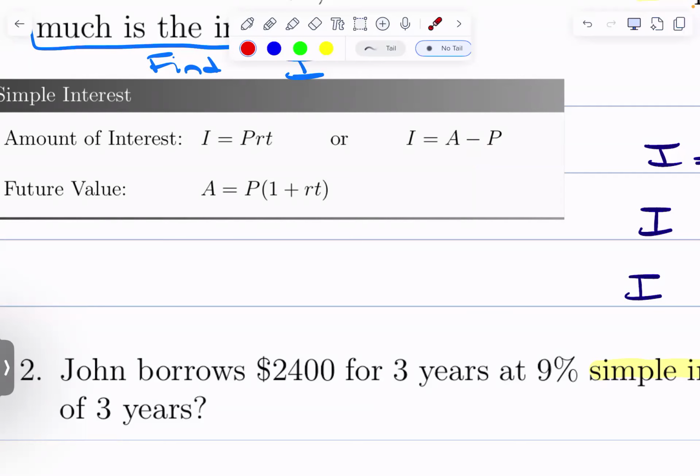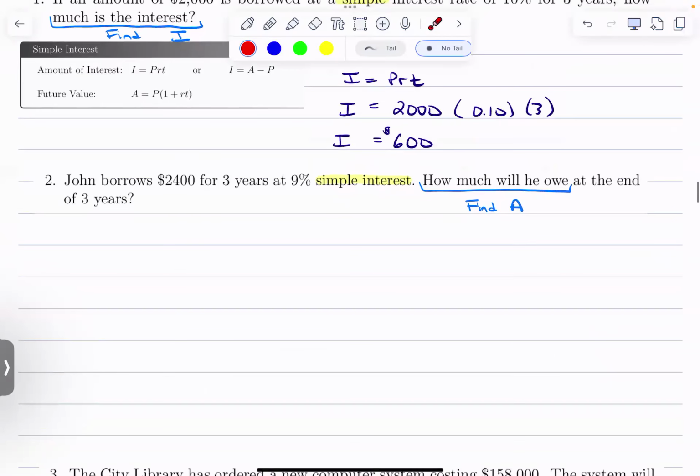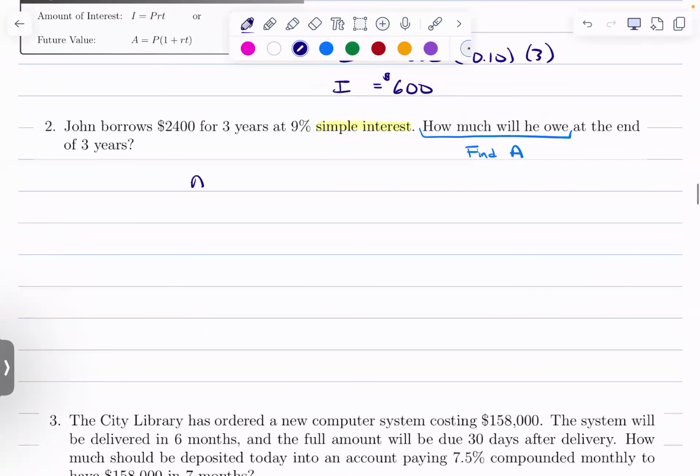So there's a couple of different ways that you could do it. As long as you show your work, I'm happy. I'll follow through and make sure it makes sense. And if it makes sense, you are good to go. P times 1 plus R times T. But like I said, since I want to find A, I'll go for the A formula.